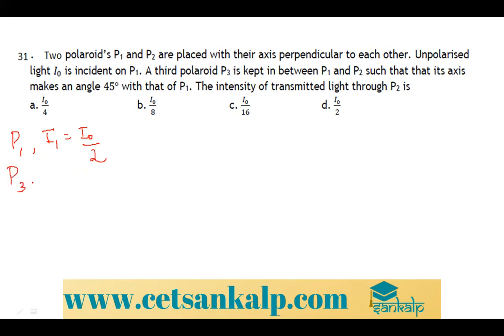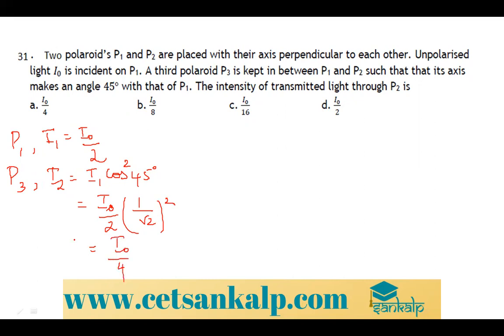So what is I2? I2 is equal to I1 cos square 45. Then I0 by 2 into cos 45, which is 1 by root 2, the whole square. So I2 becomes I0 by 4.